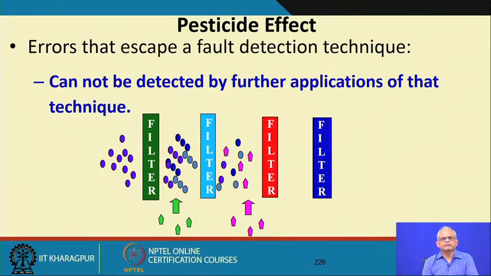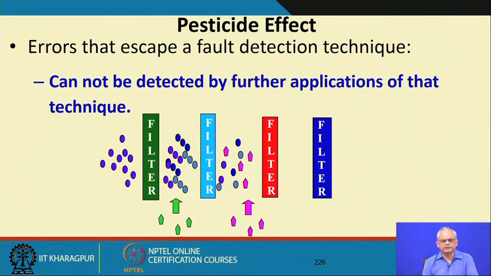Each time we apply a testing technique, some of the faults are detected, but then some of the faults escape. And if we again and again apply the same testing technique, we will not be detecting those which had already escaped, because this testing technique does not detect those kind of faults.